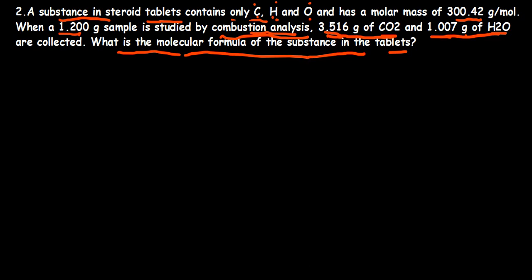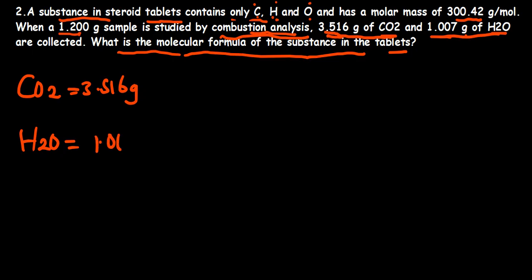Okay, so we're going to say carbon dioxide has the mass of 3.516 grams, and water has the mass of 1.007 gram. From this mass of water we can get the mass of hydrogen, and from this mass of carbon dioxide we can get the mass of carbon.